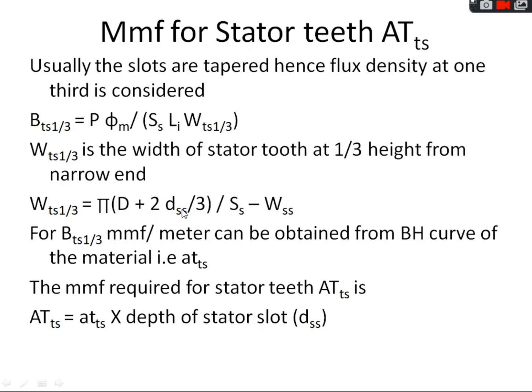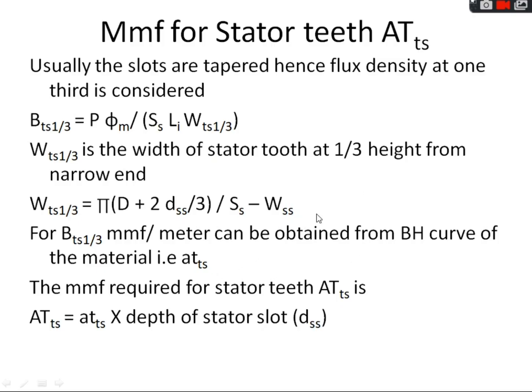This value we can calculate by taking into consideration the stator bore diameter, the depth of the stator slot, the width of the stator slot, and of course the number of stator slots. So here we are taking into consideration the value of the flux density at 1/3 distance. Once we know this value, then for the given material which we are using for our stator core, we can obtain the ampere turns per meter from the BH curve of the material.